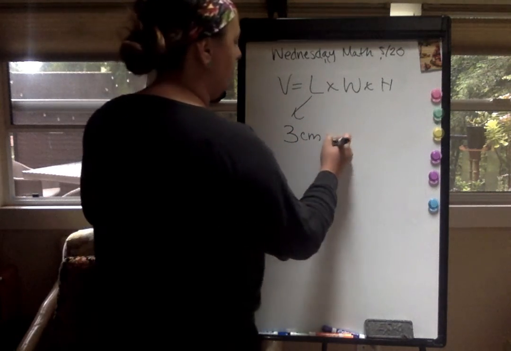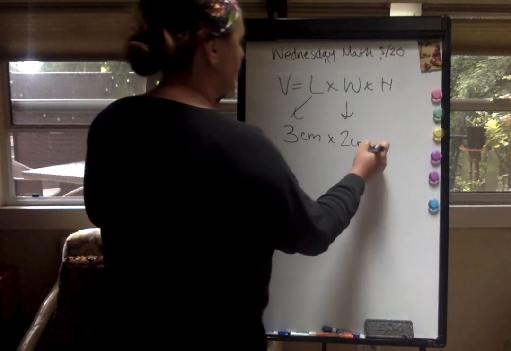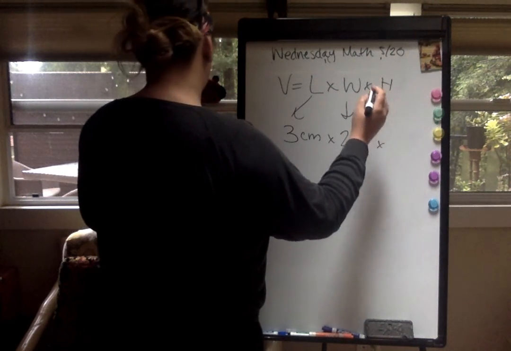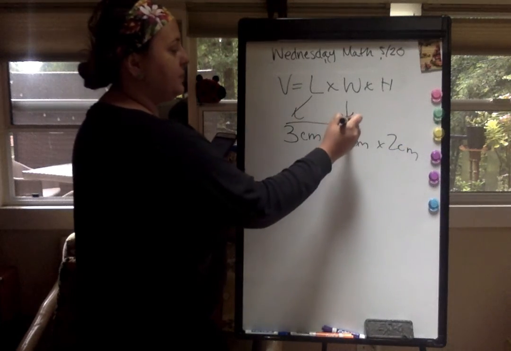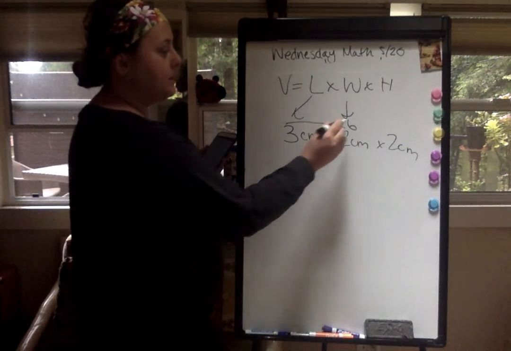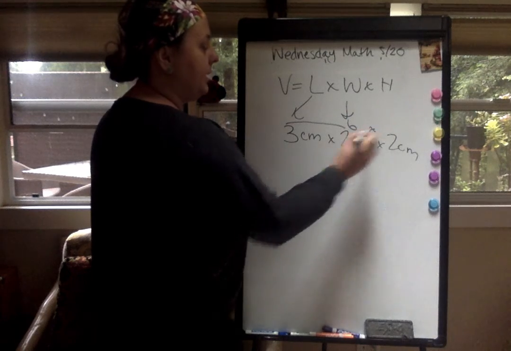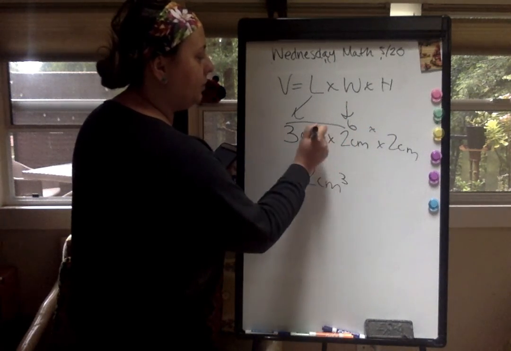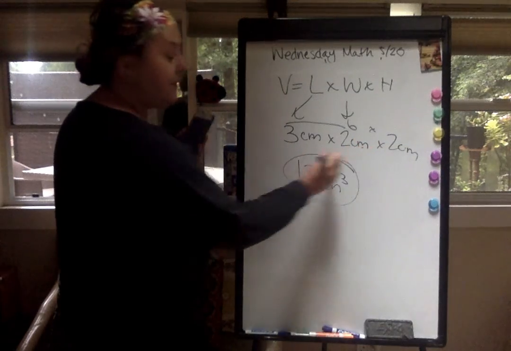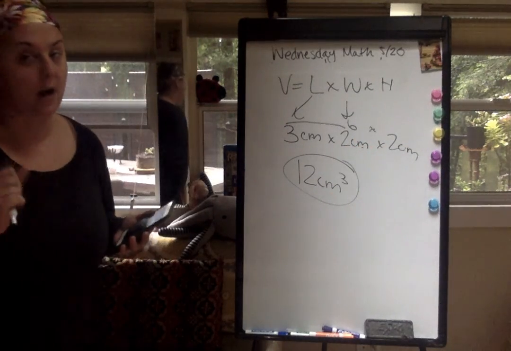The width is 2 centimeters. And the height is 2 centimeters. 3 times 2 is 6. 6 times 2 is 12 centimeters cubed. If it doesn't have the units, it's not right.